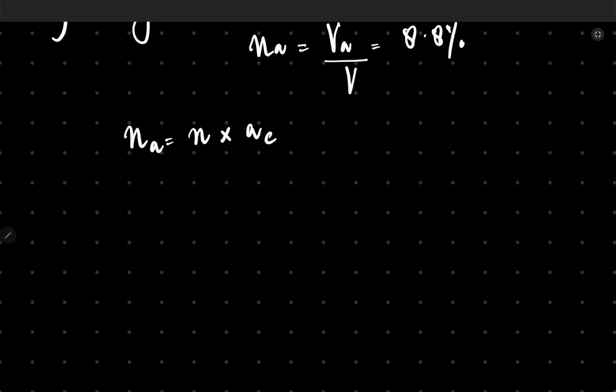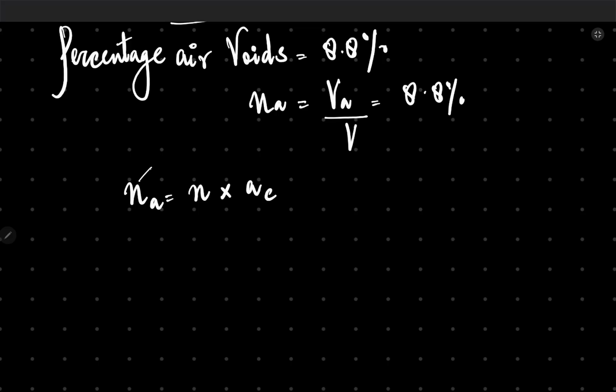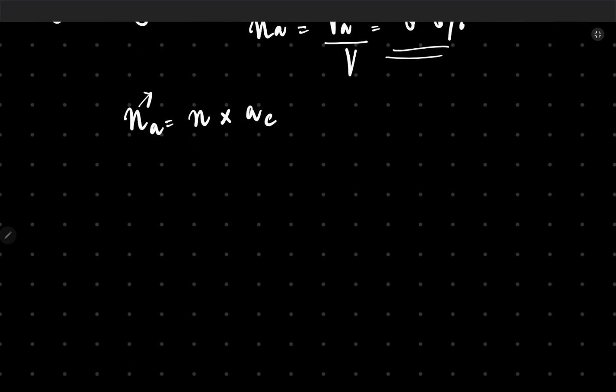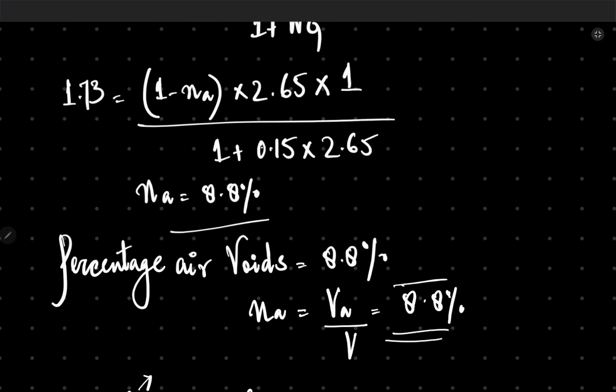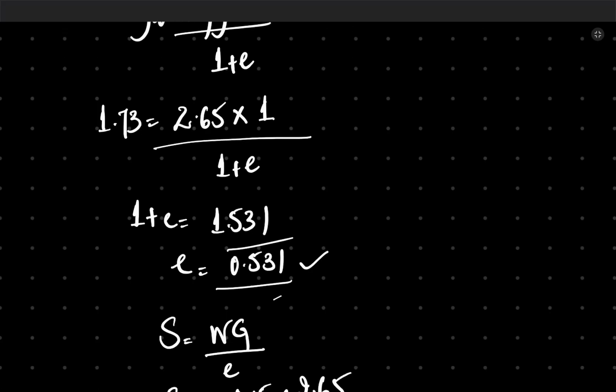I know percentage air voids, I have just calculated it as 8.8%. I know void ratio, I can calculate porosity, and then I'll have my air content. Now see, first let's find the porosity. Porosity n is equal to e divided by 1 plus e. e we have calculated, e was equal to how much? 0.531.